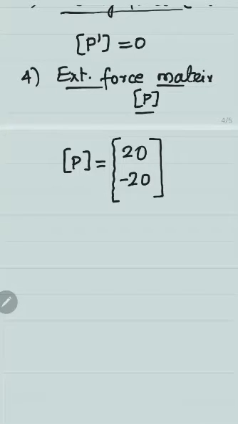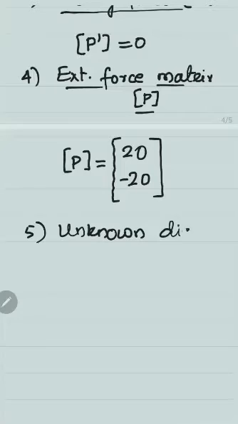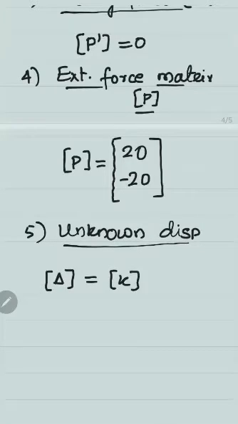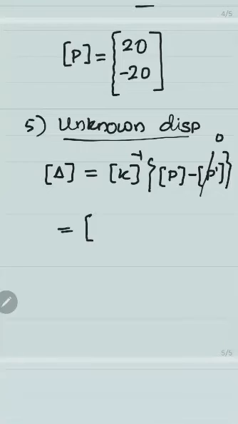Now with this, you can calculate the unknown displacement matrix. This unknown displacement matrix delta is K inverse into P minus P dash. As the P dash matrix is 0, this unknown matrix delta will be K inverse into P, right?